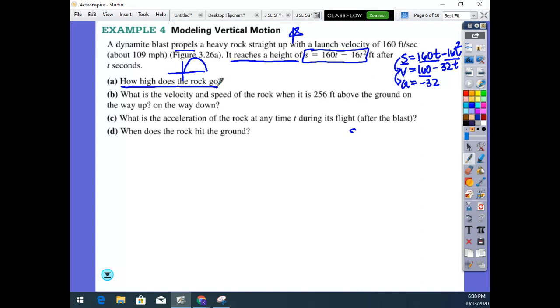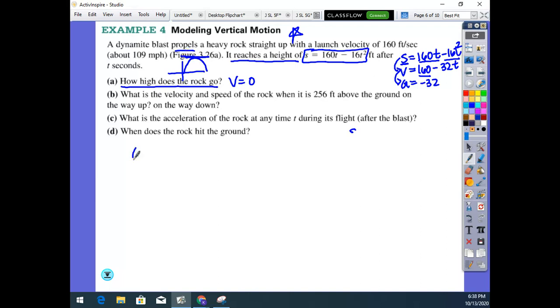So think about this picture. The height of the rock is going to be the highest when there's a 0 slope at the top. That's when the derivative is 0. That's velocity. When your velocity equals 0, that's when your rock is at the highest point, because your tangent line is flat.